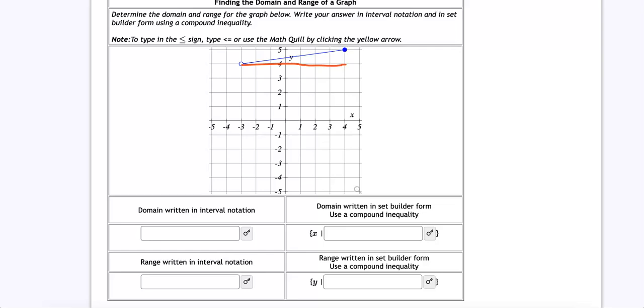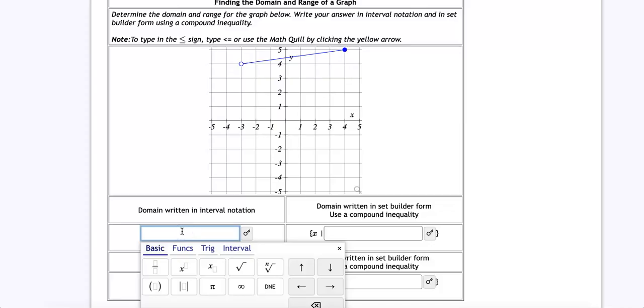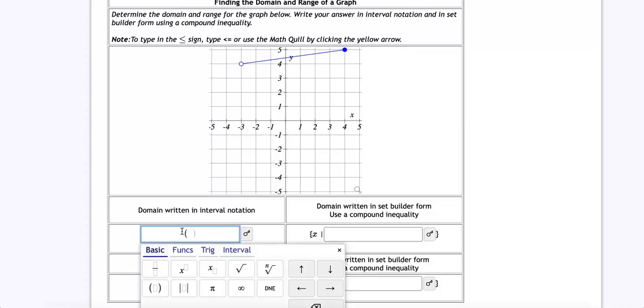We do want to include +4 because of the closed circle. So when we write that, we would want to represent that as parentheses, -3, comma, +4, bracket, to show that I'm going from -3 to +4 on this function.